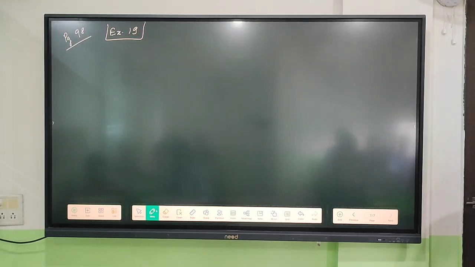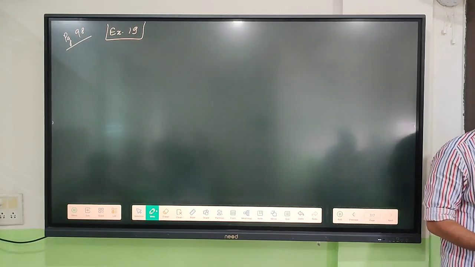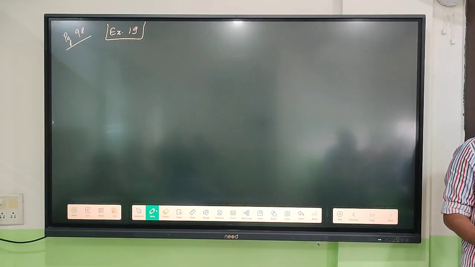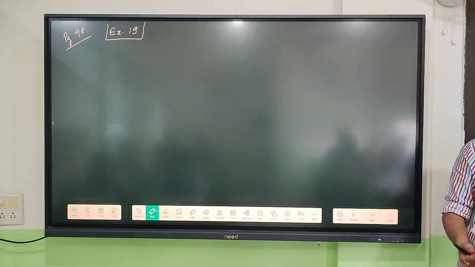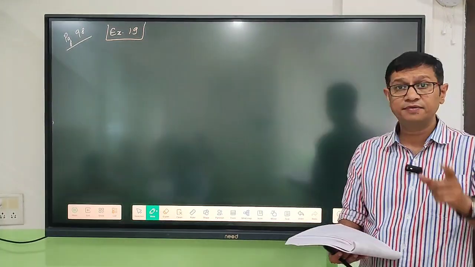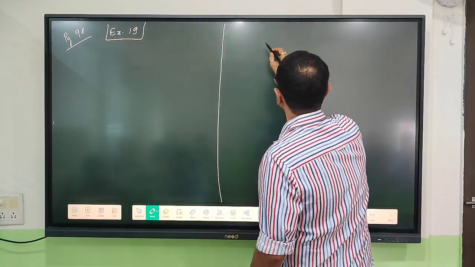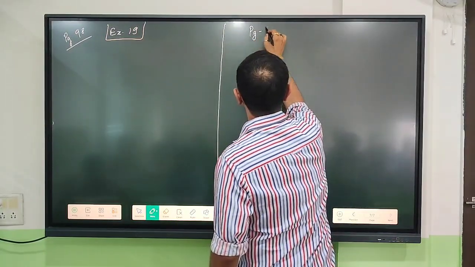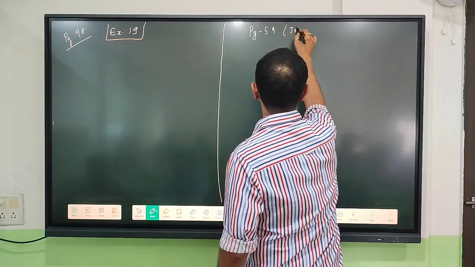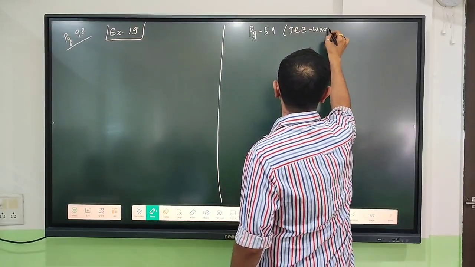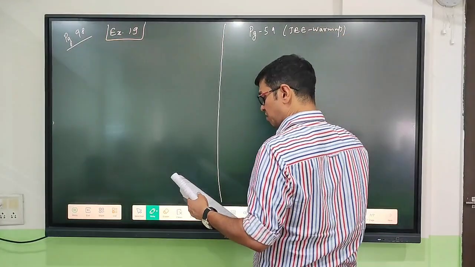We are doing some questions of one dimension motion as well as plan today's class plan. Okay, so we will do, under JE warm up, page 59. Who are done with this question, their next question is this, page 59, which is JE warm up for motion in one dimension. We are doing question number 2.